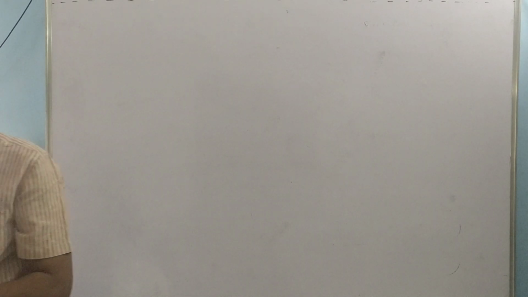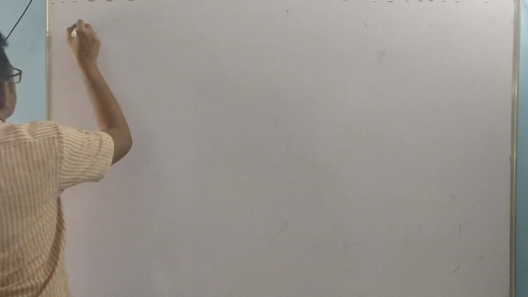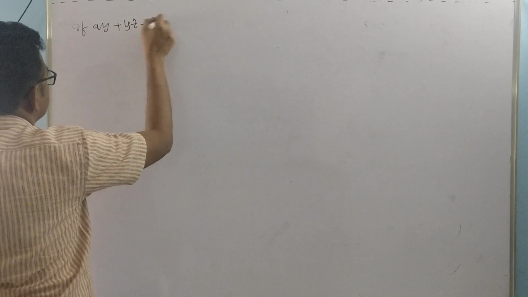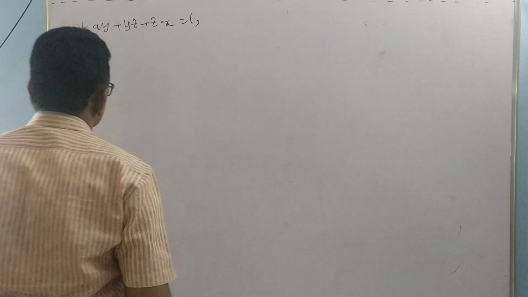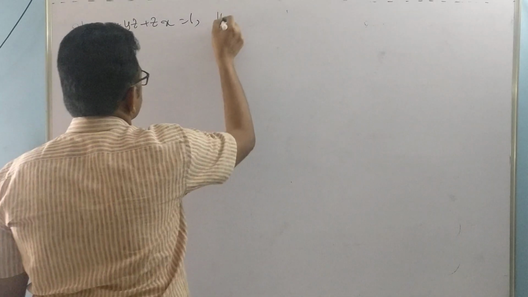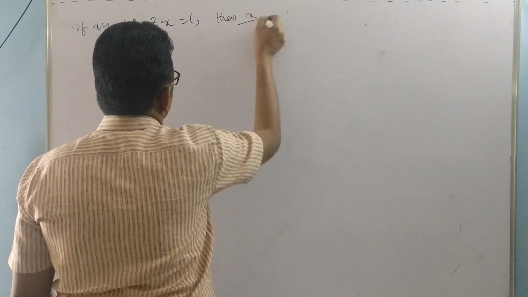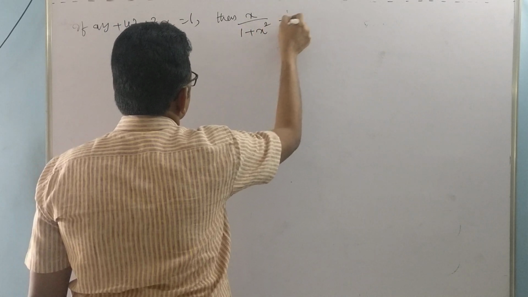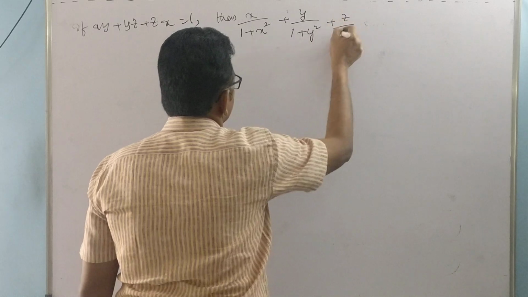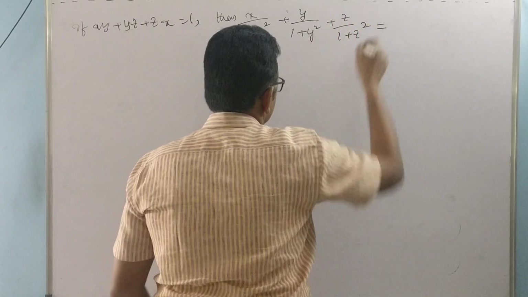Next one, if xy plus yz plus zx is equal to 1, then x by 1 plus x square plus y by 1 plus y square plus z by 1 plus z square is equal to.